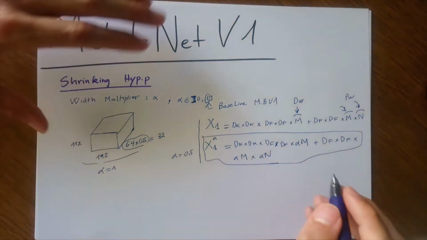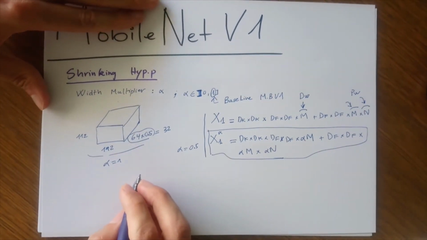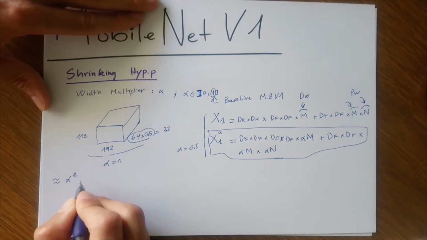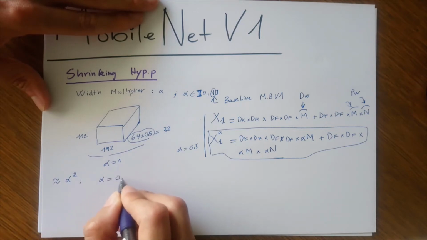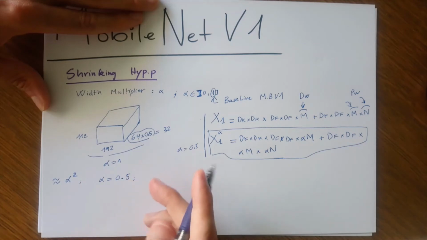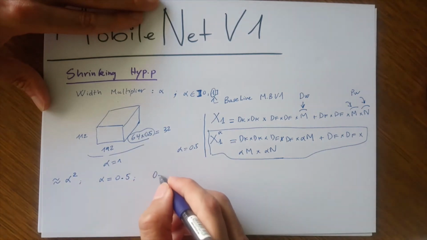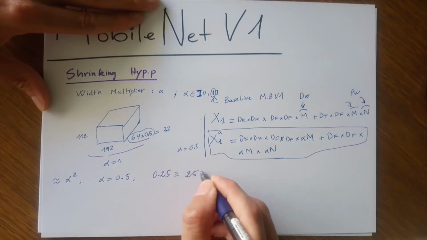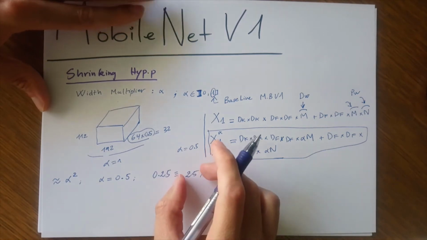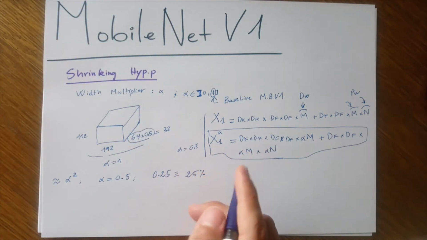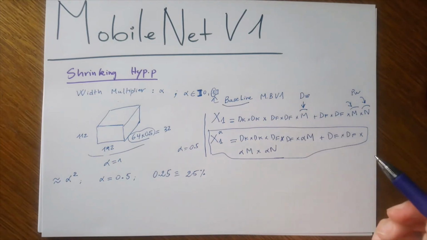The reduction in computations is approximately equal to alpha squared. For instance, if you use alpha equals 0.5, then the reduced model would take only 0.25, which is equivalent to 25% of the computations required by the baseline model.